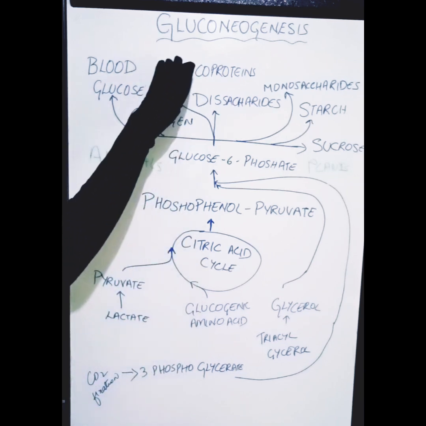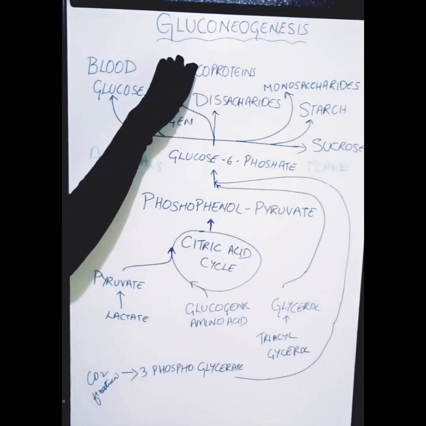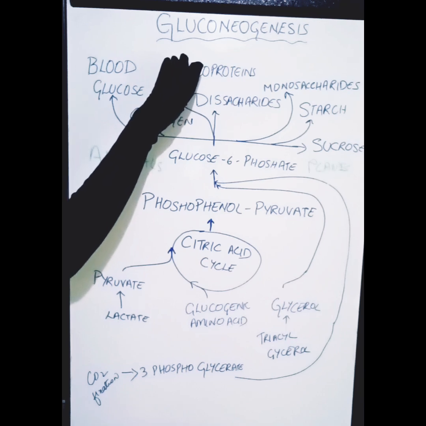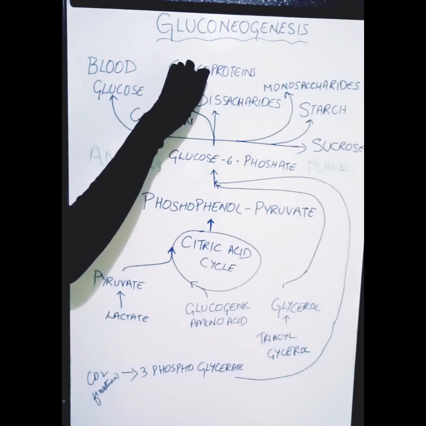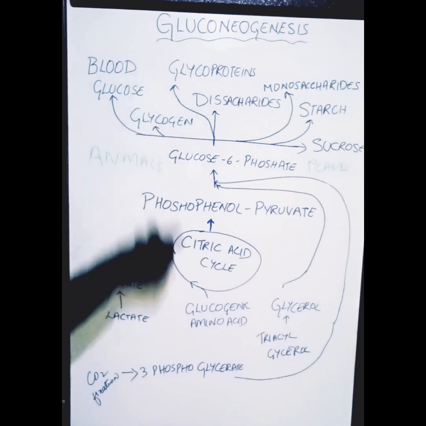I repeat, gluconeogenesis occurs in our liver as well as kidney to produce glucose in absence or depletion of glucose in our body.